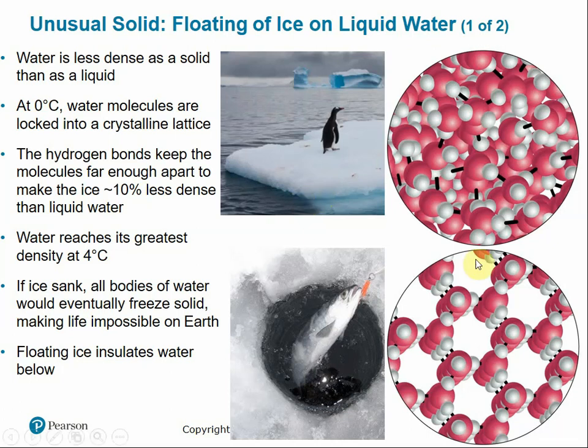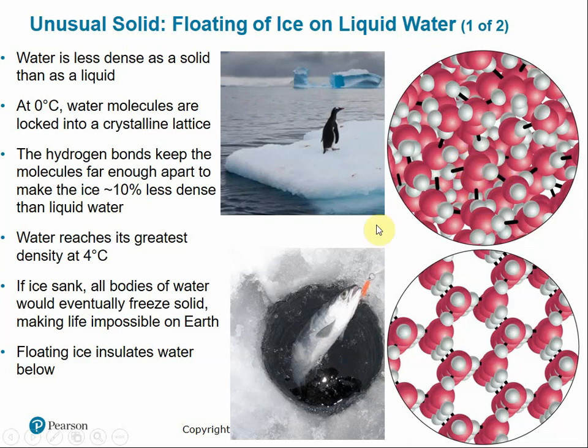At the freezing point, the water molecules form a crystalline lattice structure. So we end up with more open airspace between the water molecules. That's the principle behind those hydrogen bonds that keep the molecules far enough apart to make the ice about 10% less dense than liquid water, where all the water molecules are just on top of each other.